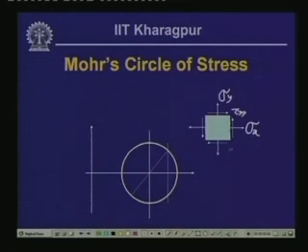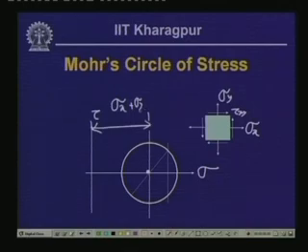Now, if we like to represent them in a Mohr circle, last time we had seen that this is the sigma axis, this is the tau axis, and we can denote the center of the Mohr circle at a distance from origin, which is sigma x plus sigma y by 2. We had denoted this particular quantity as A, the average stress.